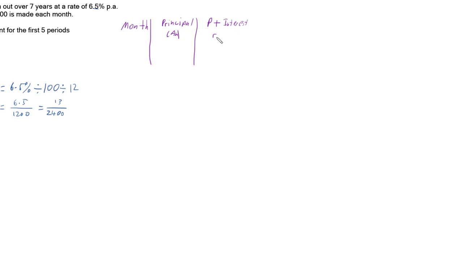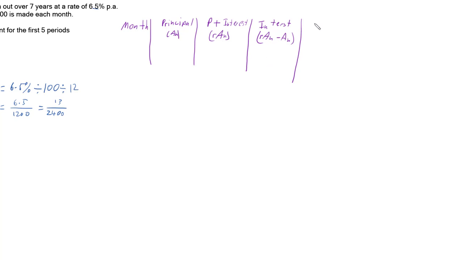That's the R times AN, because that's how the bank works out the principal plus the interest. How much interest they pay you is going to be this value, RAN, minus the principal, so we're going to minus off AN. That tells us how much extra we're going to get paid that month.